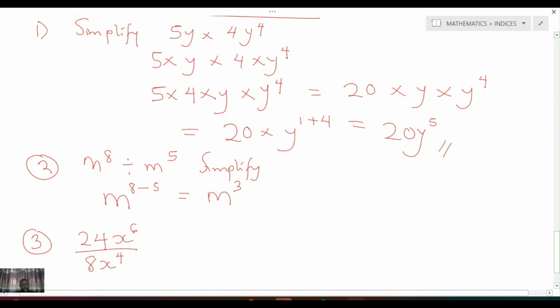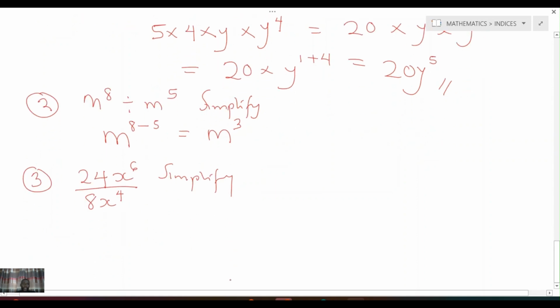Let's see how we can do this. Let's simplify. 8 here is 1, 8 here is 3.